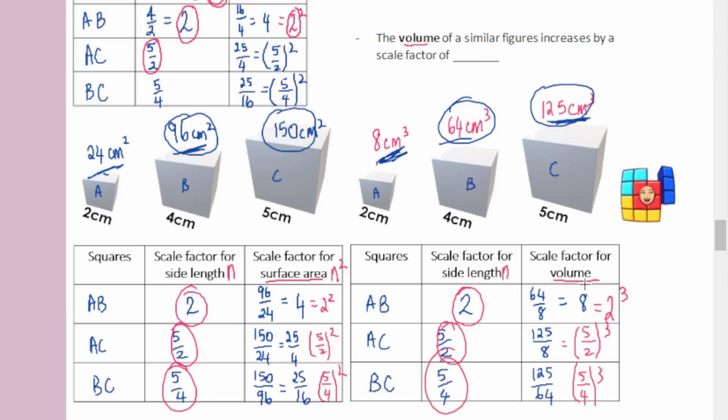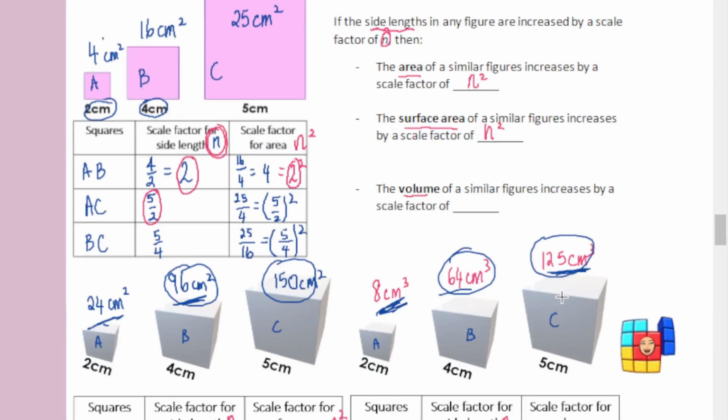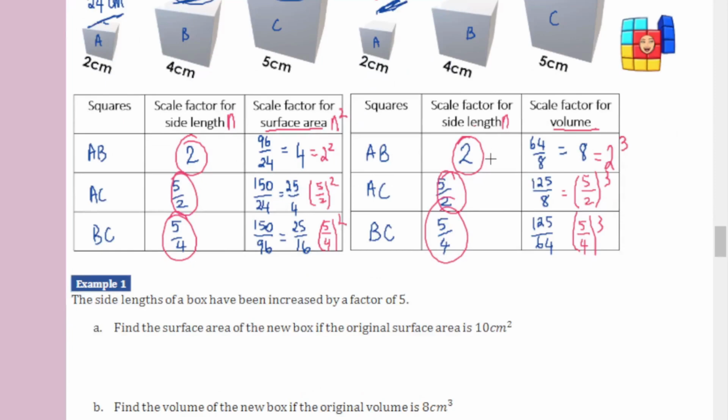So we can see that the scale factor of the volume is the scale factor of the length cubed. And an easy way to remember this is the units of area and surface area is squared, so the power is squared, and the units for volume is cubed. Let's see how we use this.